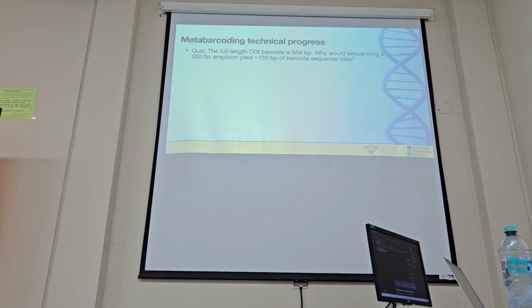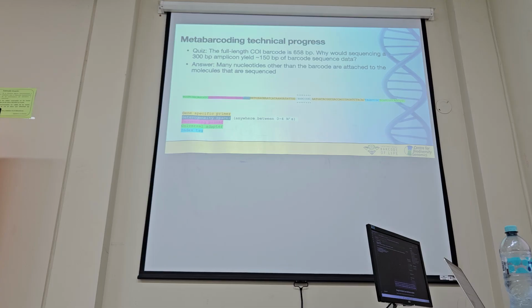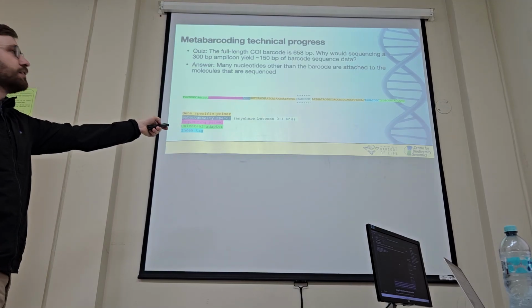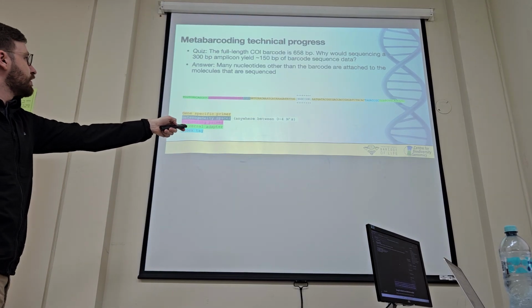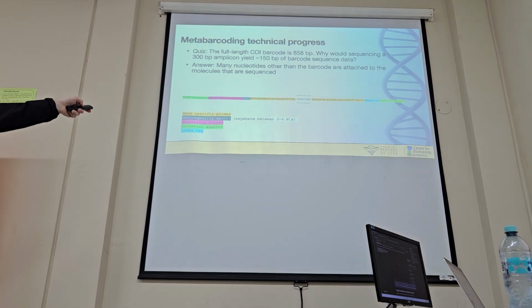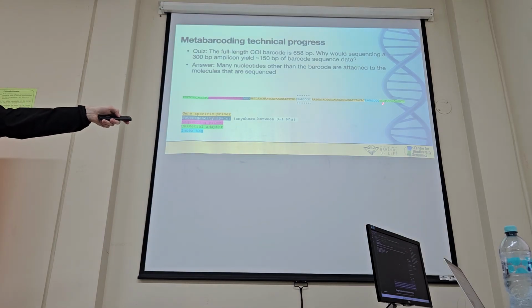Exactly, yes. So, when you sequence a 300 base pair amplicon, you have your barcode in the middle, here. Then, on the outside, you have primers. You have different things: spacers, sequencing primers, adapters, indexing tag, right?